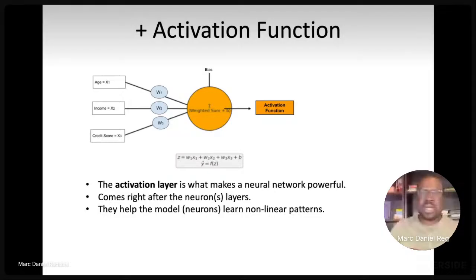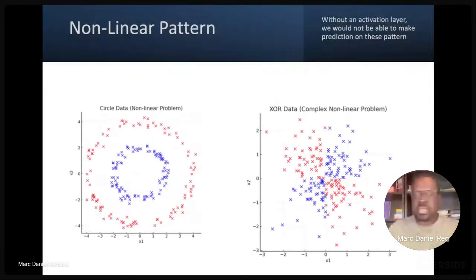You may have someone with a great credit score, however their income is not so high. You may want to deny them because they may have the potential to default on a certain loan. So the activation function is what helps neural networks learn nonlinear patterns. We'll get more into that another time.